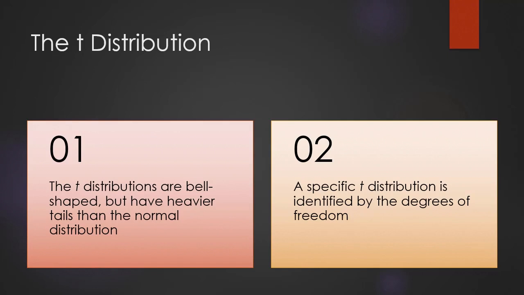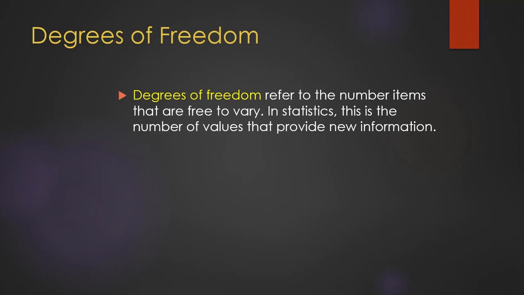A specific t-distribution is identified by the degrees of freedom. If you have watched past videos, you should know what degrees of freedom are, but let me go ahead and remind you anyway. Degrees of freedom refer to the number of items that are free to vary. In statistics, this is the number of values that provide new information.